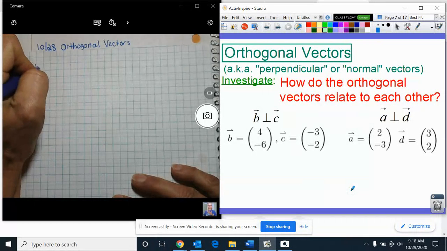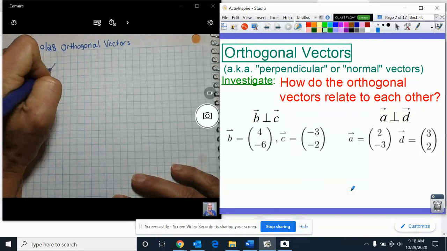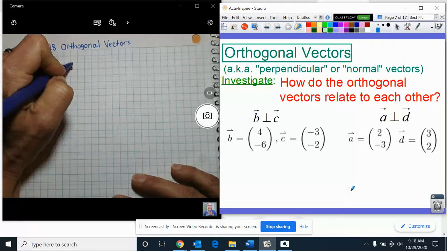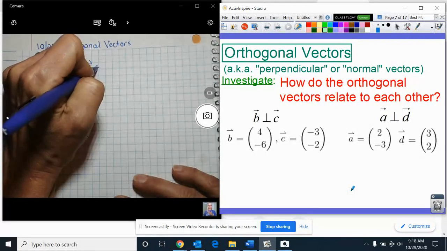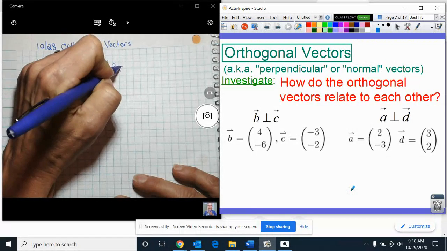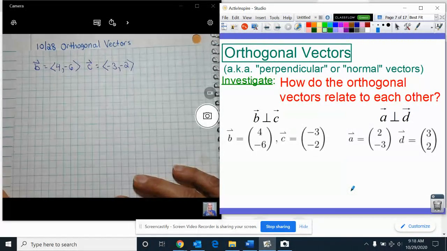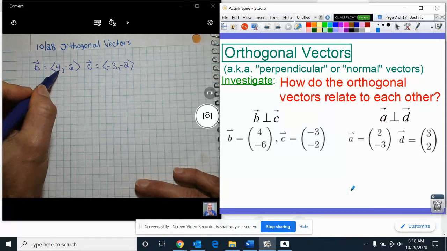So vector B is 4, -6, and vector C is -3, -2. Well, one thing to consider is the slopes.